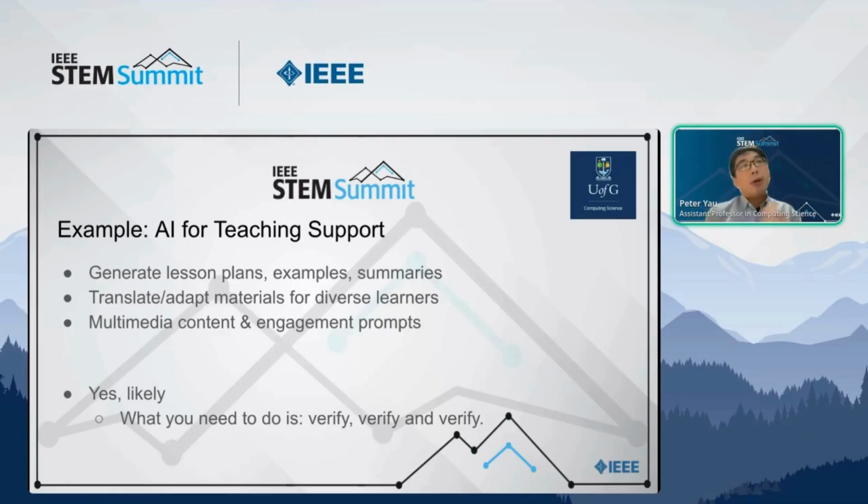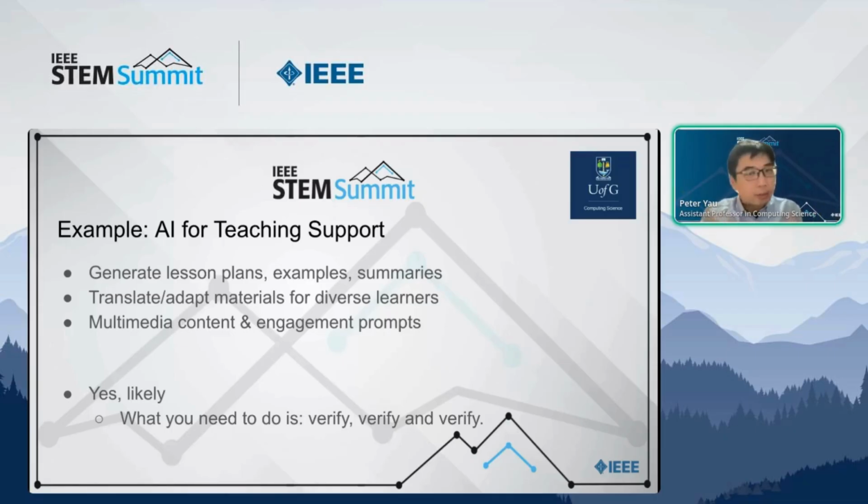When you talk about generating lesson plans, summaries, or translating materials for diverse learners with different cultures, backgrounds, and learning speeds, I would say it's quite likely we can use Gen AI to support.